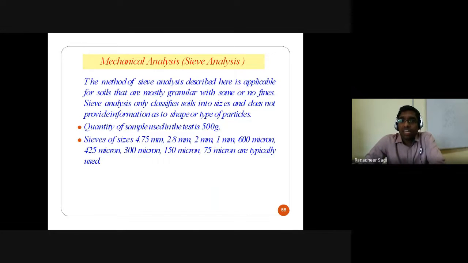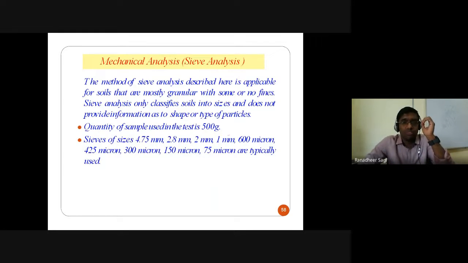The method of sieve analysis described here is applicable for soils that are mostly granular, with very little content of fines or without any fines existing in that particular soil. Sieve analysis only classifies soils into sizes and does not provide any information about the shape and type of particles.